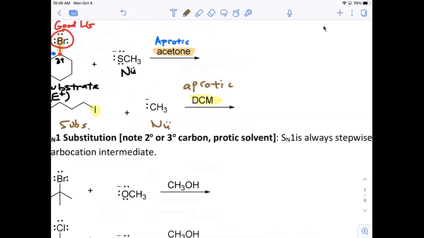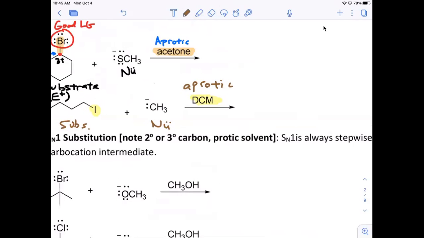The reason this is all important is because we can figure out what mechanism is at work sometimes just based on what solvent the reaction is done in. If it's done in a protic solvent, then you can almost bet that it's going to be one of your unimolecular processes, either E1 or SN1.